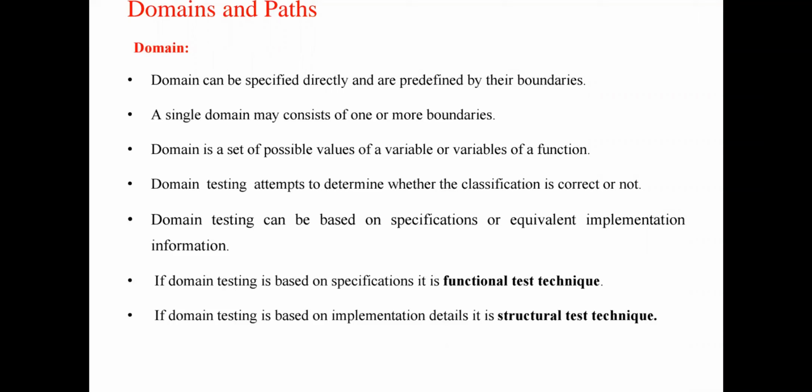That is called the domain. So a single domain may consist of one or more boundaries, that means it can contain one condition or more than one condition. Based upon those conditions only, the set of values will be executed. A domain is a set of possible values of variables or variables of a function.